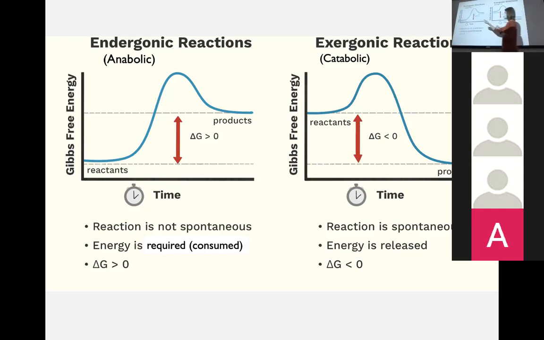So you need an input of energy here. So that's going to mean that the change in G is greater than 0. So a change in G of greater than 0 indicates an endergonic reaction. So if that change goes in the upward direction, it's endergonic and it requires energy to happen. So then the products are going to have more energy at the end of the reaction compared to the reactants.